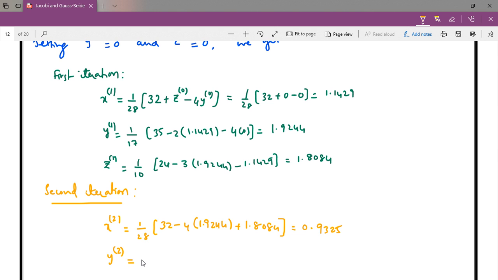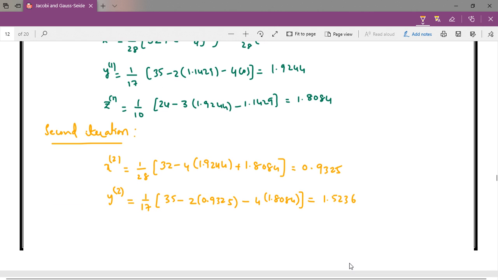So now to calculate y2, we are going to make use of x2 and z1. So 1 by 17 into 35 minus 2 into 0.9325 minus 4 into 1.8084. So this gives you 1.5236, right? So next we go for finding z2.